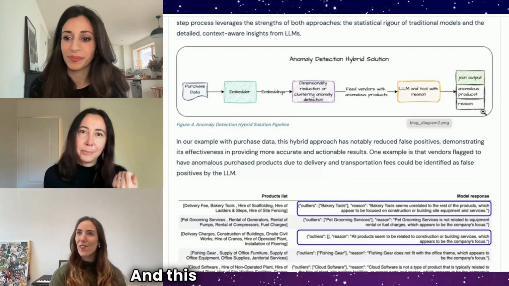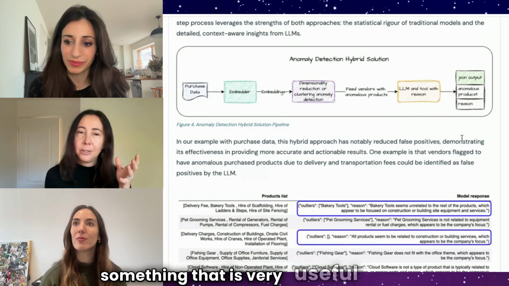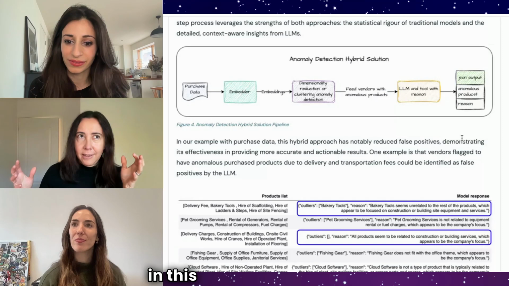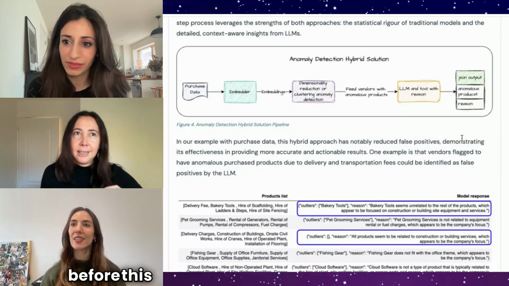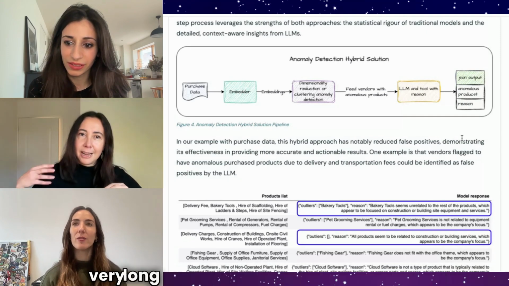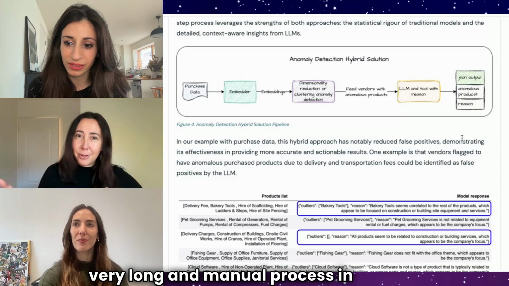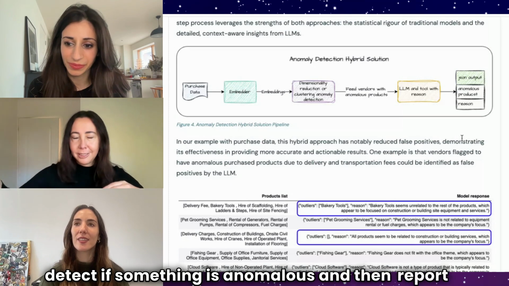And this interpretability is also very useful, because in this particular use case, what happens now, before this approach, is a very long and manual process to detect if something is anomalous and then report it.